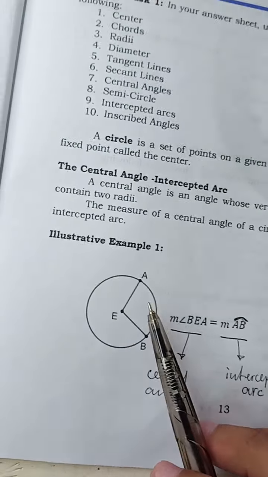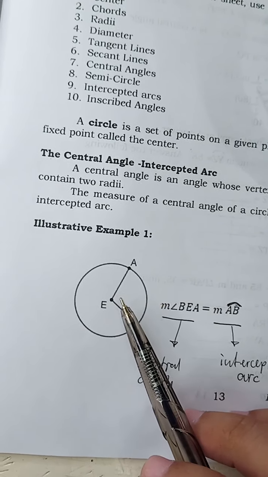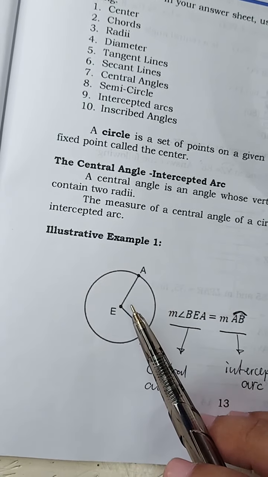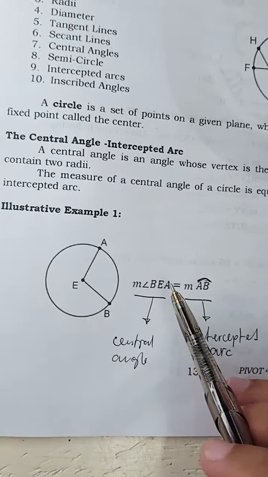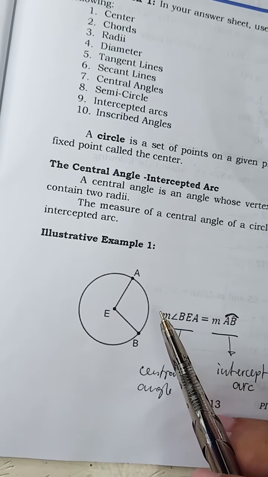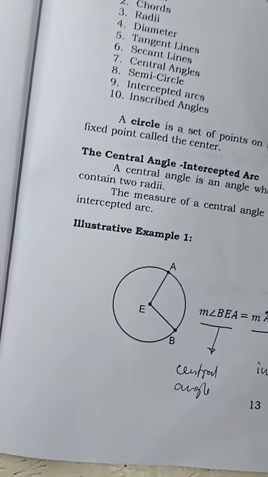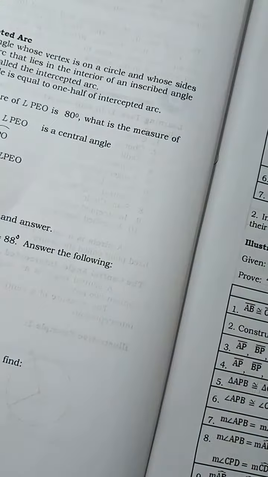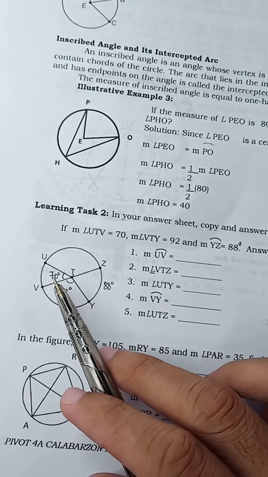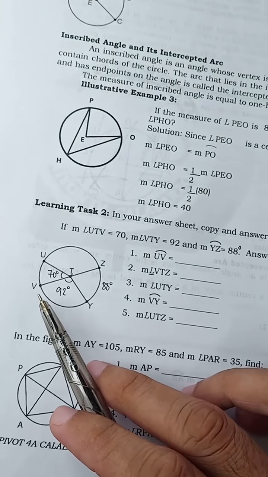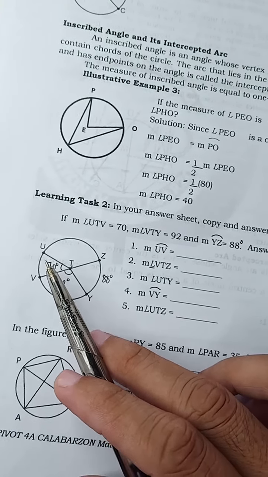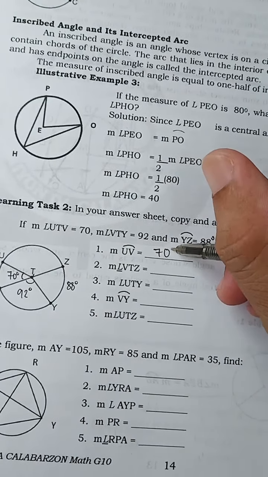If angle BEA is 110 degrees, then the measure of arc AB is equal to 110 degrees, because they are equal. Applying this to our given problem, the given is UTV, which is 70 degrees, and it is equal to the intercepted arc UV. So the answer here is 70 degrees.